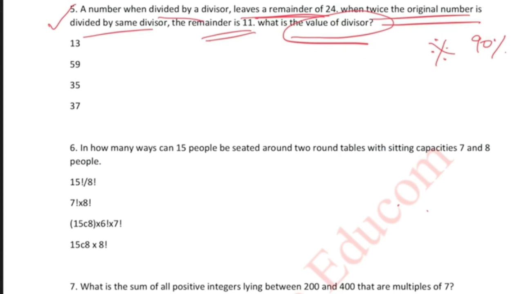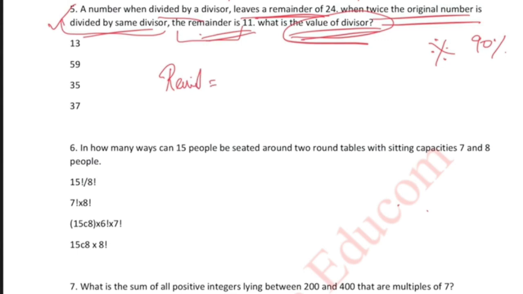If any question like this comes, that is, leaving a remainder of a particular number, and when twice the original number is divided by the same divisor it gives a particular remainder, then they will be asking what is the value of the divisor. You do not have to do anything. All you have to remember is the remainder.